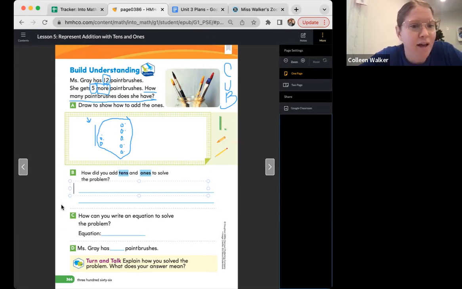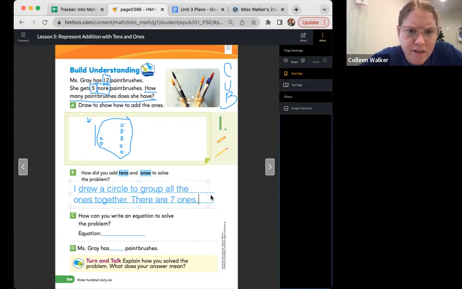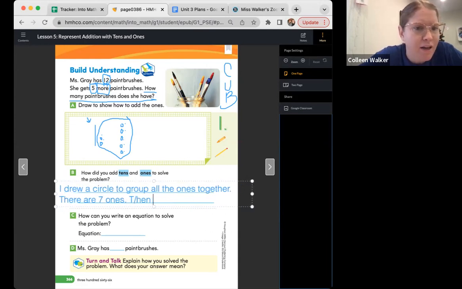So let's explain that. So I drew a circle to group all the ones together. There are 7 ones. Let's make this a little bigger so we can fit all of the words we need to explain. Then I added the 1 ten and 7 ones to get 17.